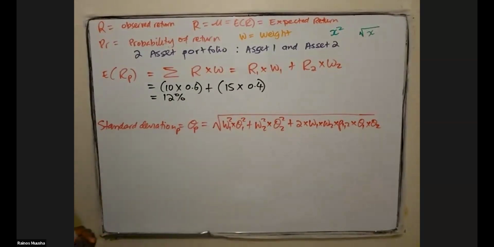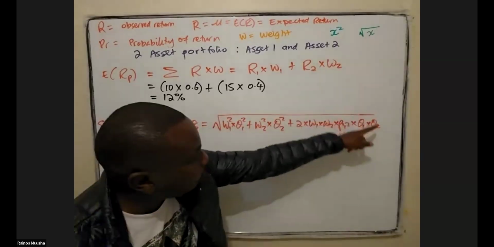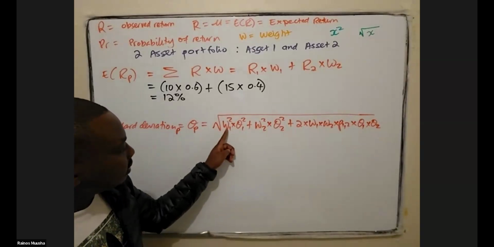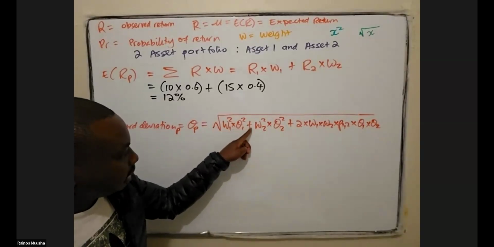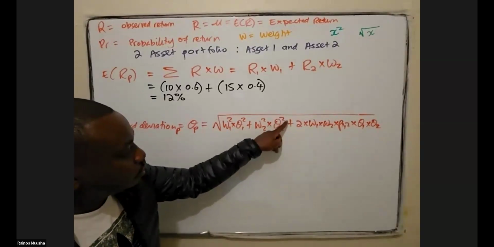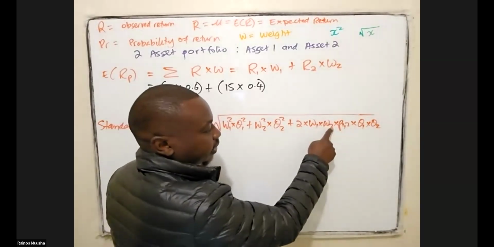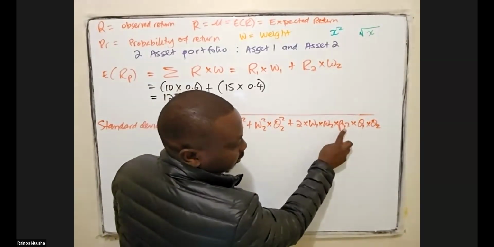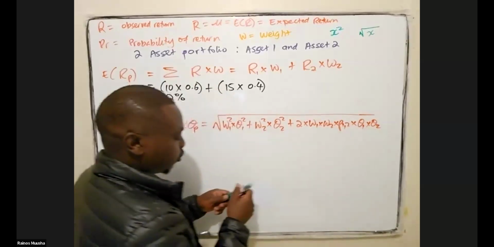So the standard deviation of a two asset portfolio is given by this formula: the square root of the weight of asset 1 squared multiplied by the standard deviation of asset 1 squared plus the weight of asset 2 squared multiplied by the standard deviation of asset 2 squared plus 2 multiplied by the weight of asset 1 multiplied by the weight of asset 2 multiplied by the correlation coefficient of asset 1 and 2 multiplied by the standard deviation of asset 1 multiplied by the standard deviation of asset 2.